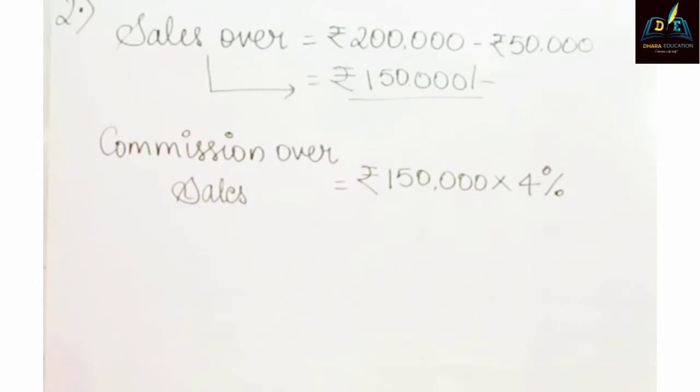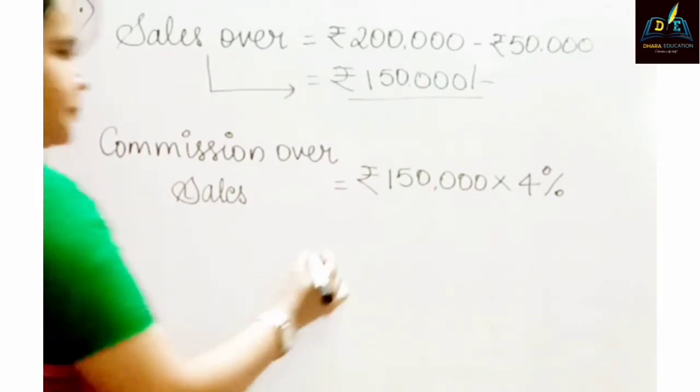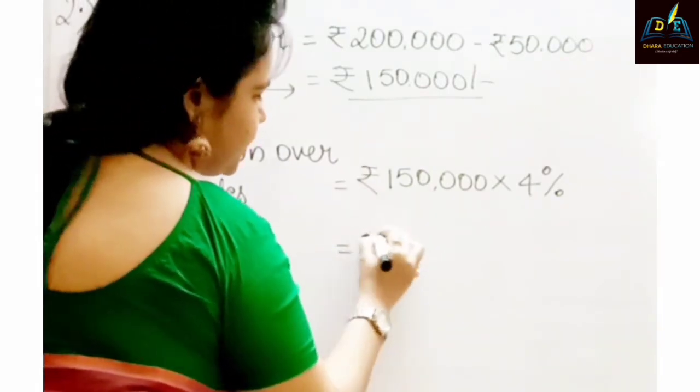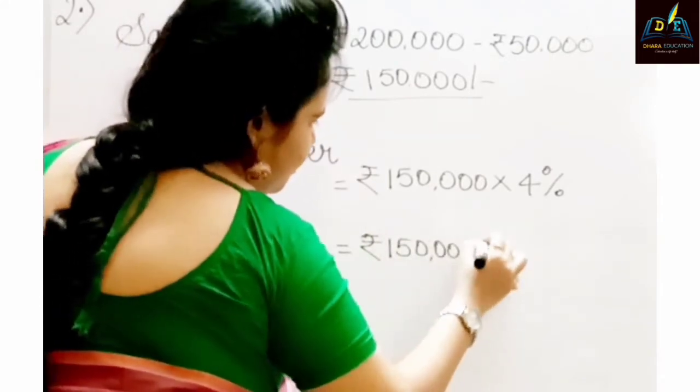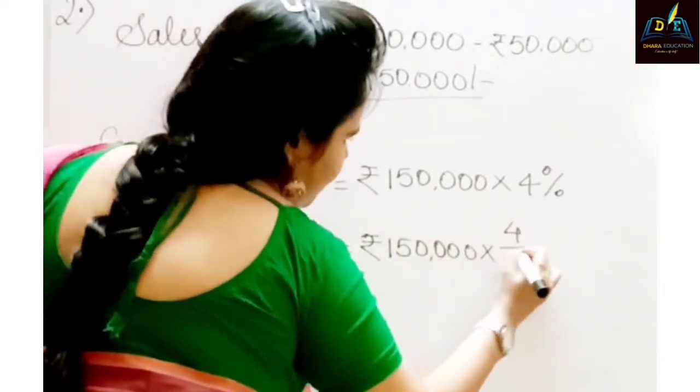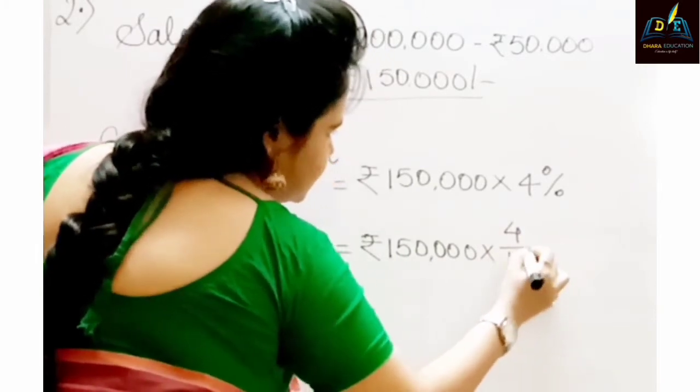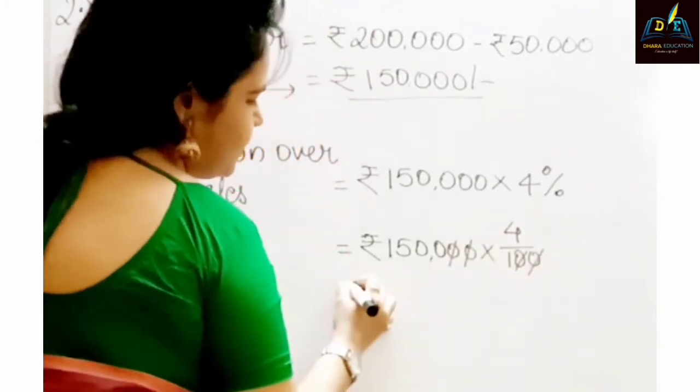Now how are we going to start? Rupees 1,50,000 multiplied by 4 upon 100. The zeros cancel.